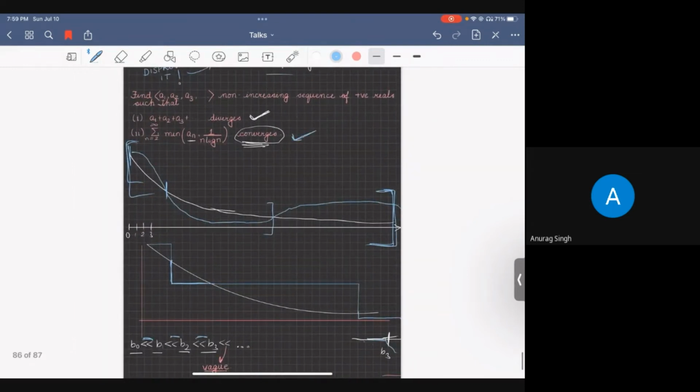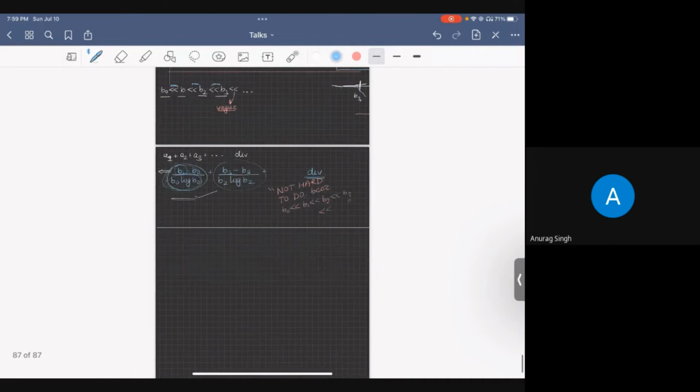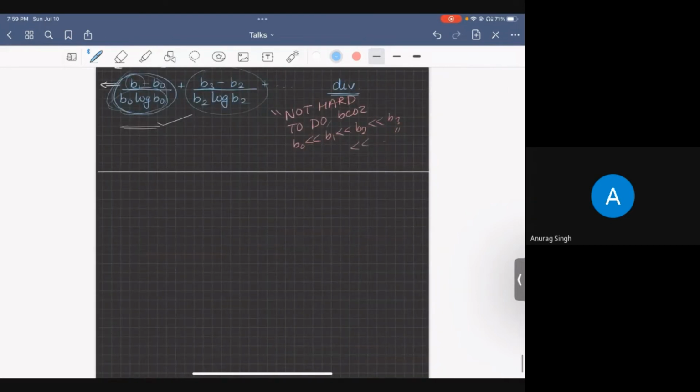So now, what does the second thing look like? What does this look like? The summation n equal to 2 to infinity of min of an, 1 over n log n.